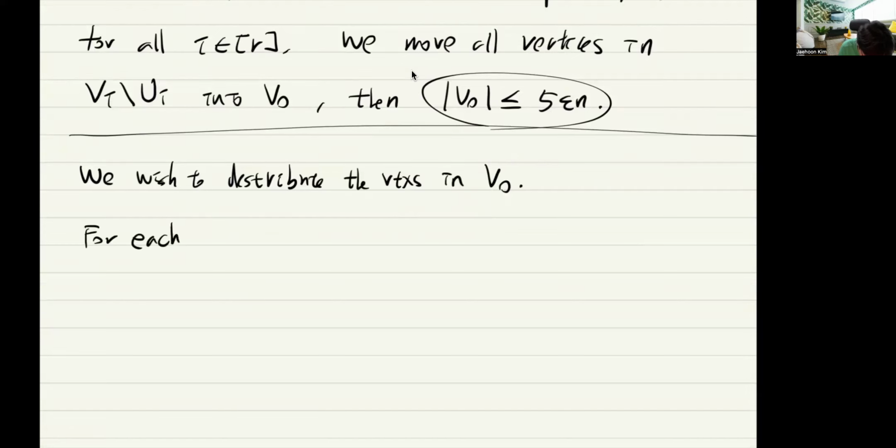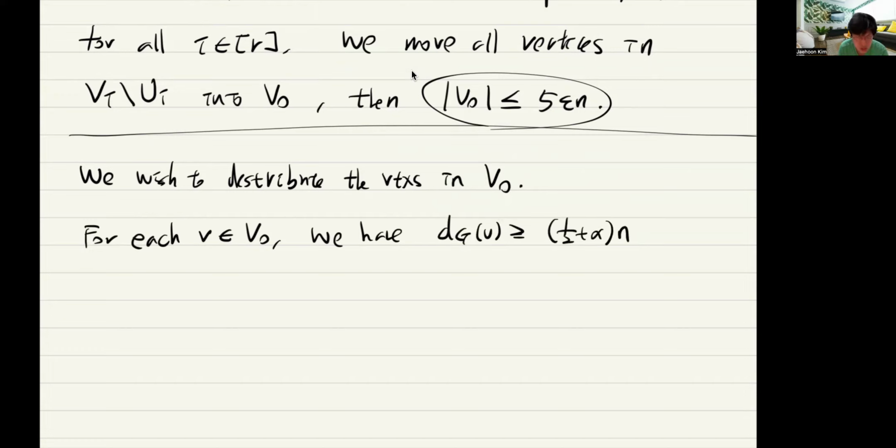For each v in V0, what do we know? We have that its degree is at least (r plus alpha) times n.